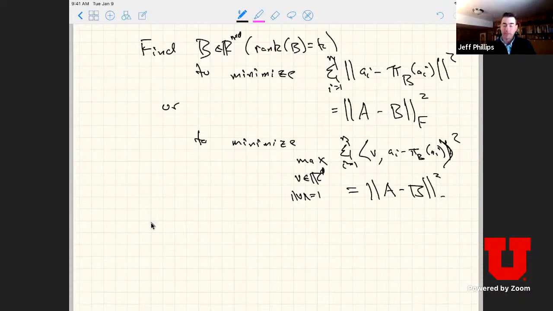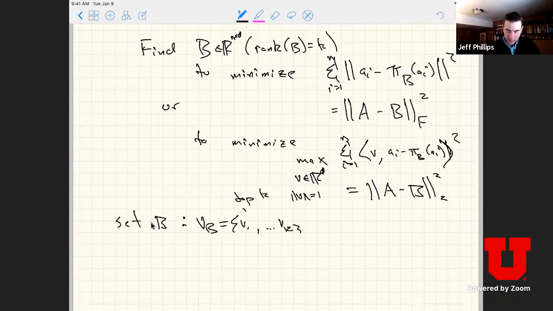And it turns out if you set B to be defined by this basis V1 up to Vk, where these are the top k right singular vectors.